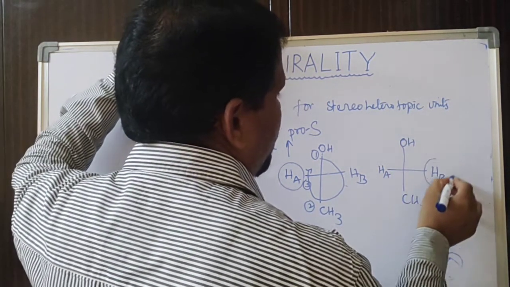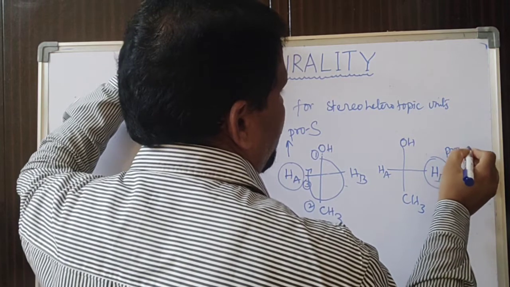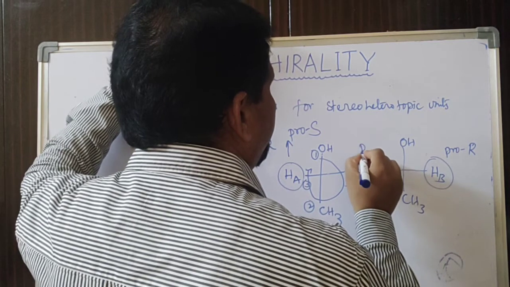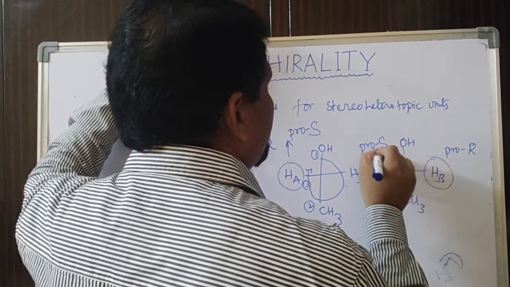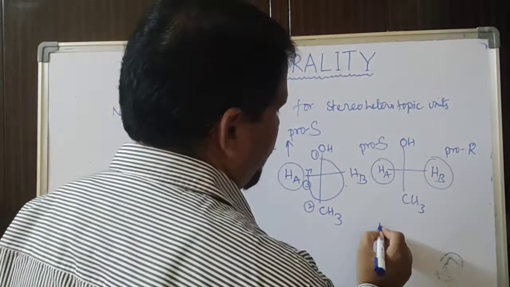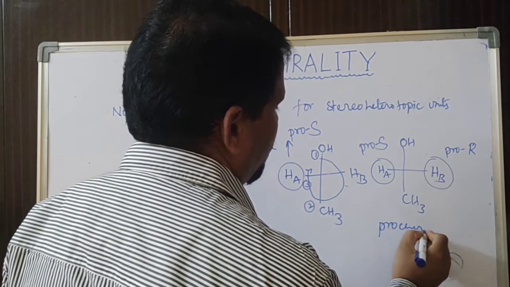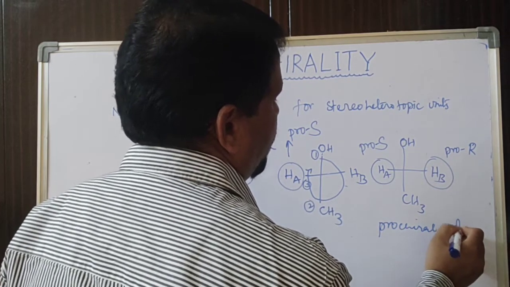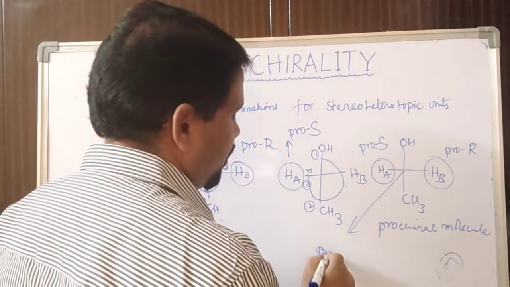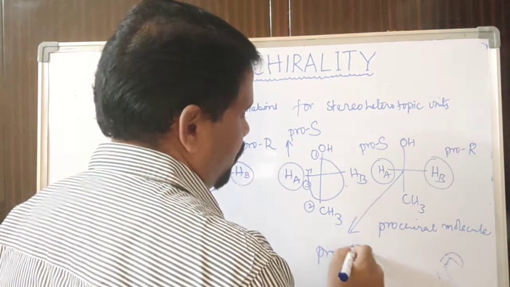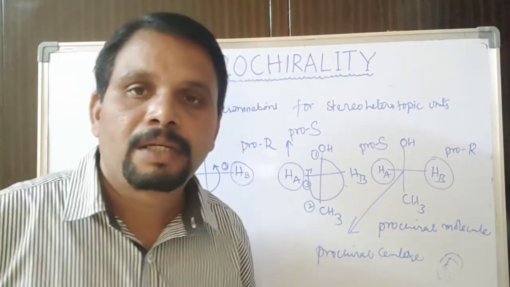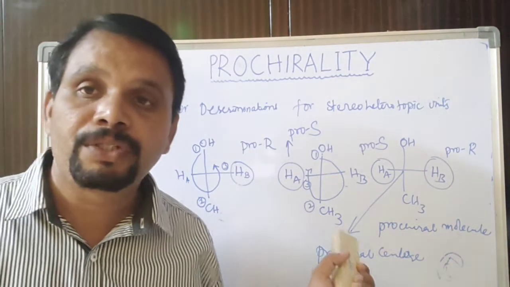So this is Pro R, and this is Pro S configuration, okay, and this is the prochiral molecule, and this is the prochiral center, okay. So these terminologies you need to understand.